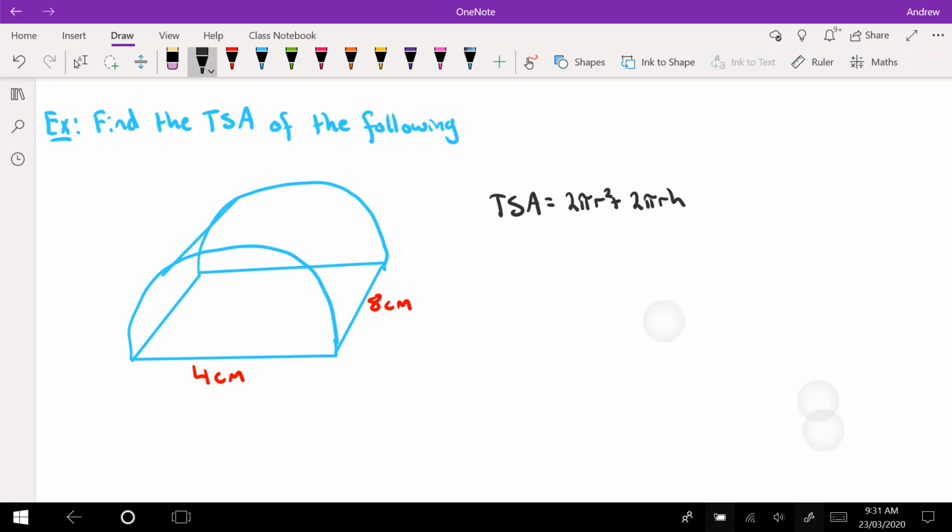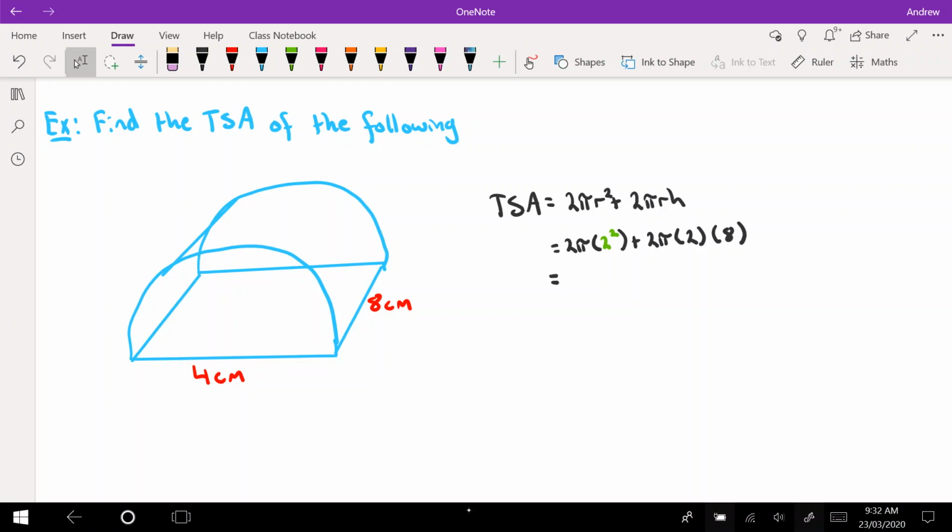So it's going to be 2 pi times 2 squared plus 2 pi times 2 because that's the radius. And what's the height going to be, Jamie? 8. Yeah, 8. Okay?